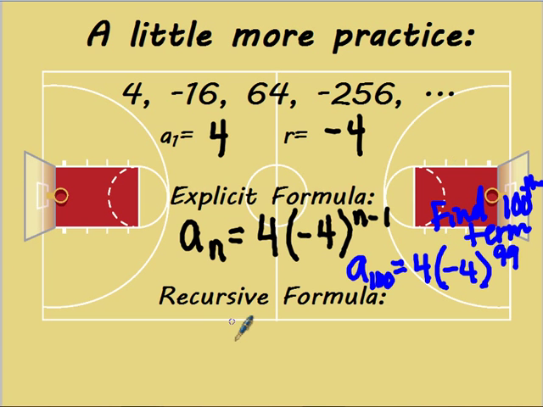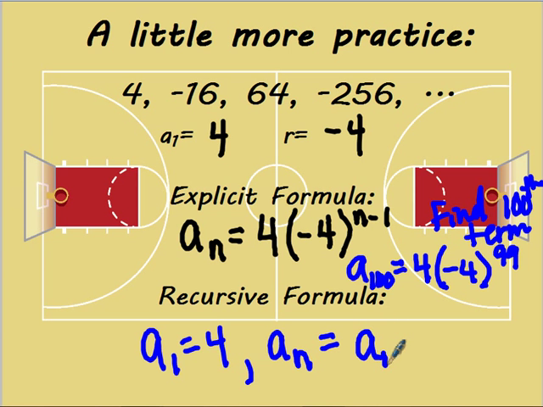And to find the recursive formula for this, remember a recursive formula has two parts. We have to say where it starts and what happens. So to find the next term in my sequence, I'm going to take the term before it and multiply it by my common ratio.